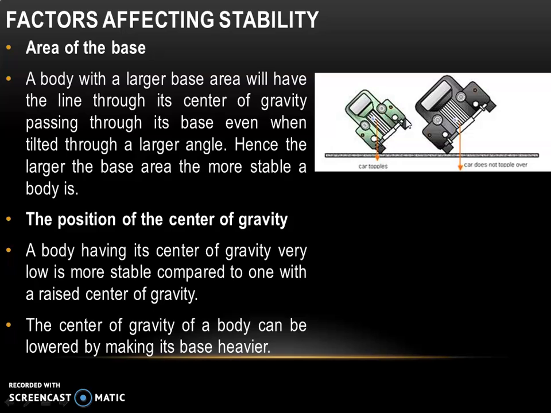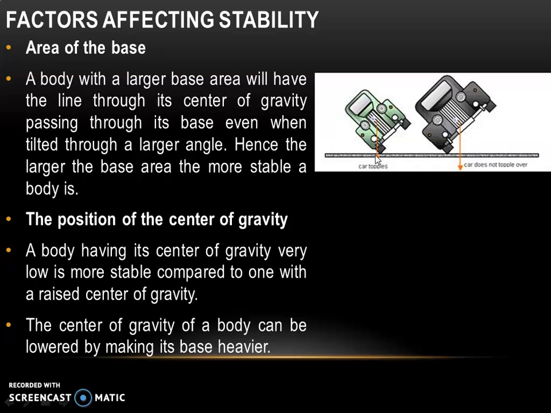Here we can see for this car, the base area is less. And we can see that the vertical line passing through the center of gravity G is not lying within the base. Maybe if we consider this as point A and this as point B, the vertical line passing through the center of gravity G is not passing through AB.